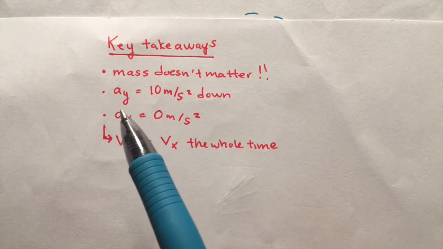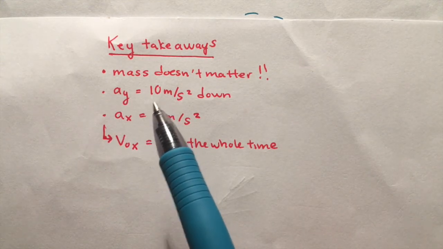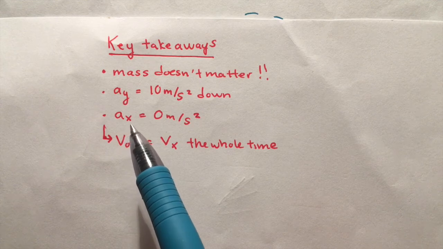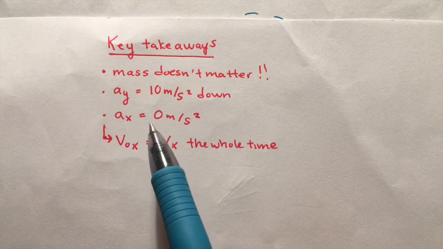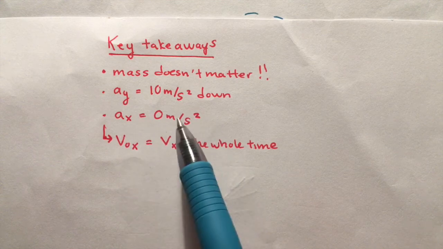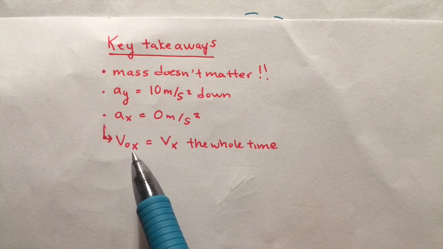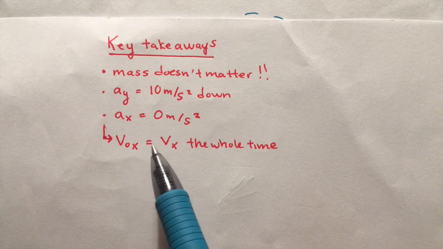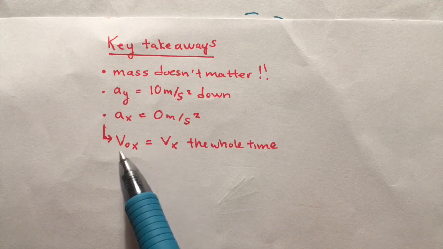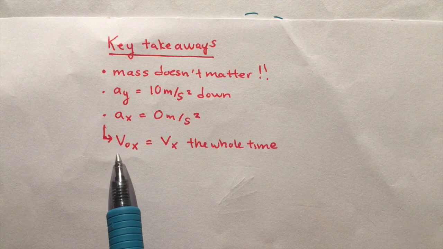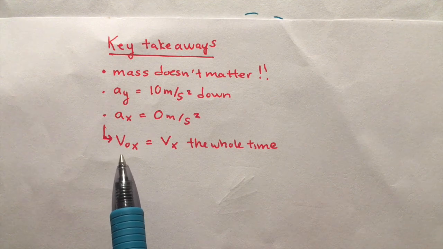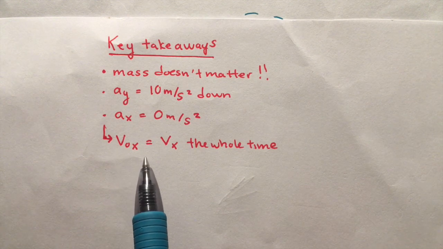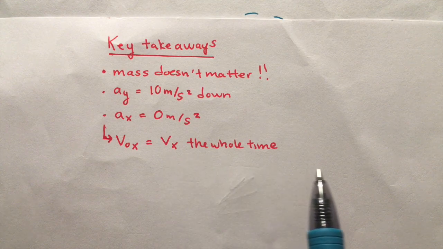When something is falling or flying through the air under only the influence of gravity, no other force acting on it, the acceleration in the x direction is 0 meters per second squared. Super key. And from that we get that the horizontal component of the velocity does not change. Whatever the initial horizontal component is, the object is going to maintain that as it is flying through the air the whole time.